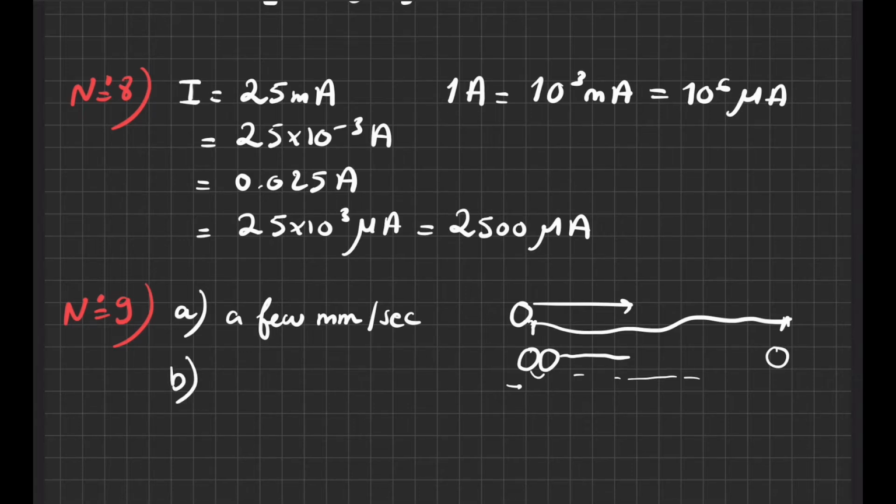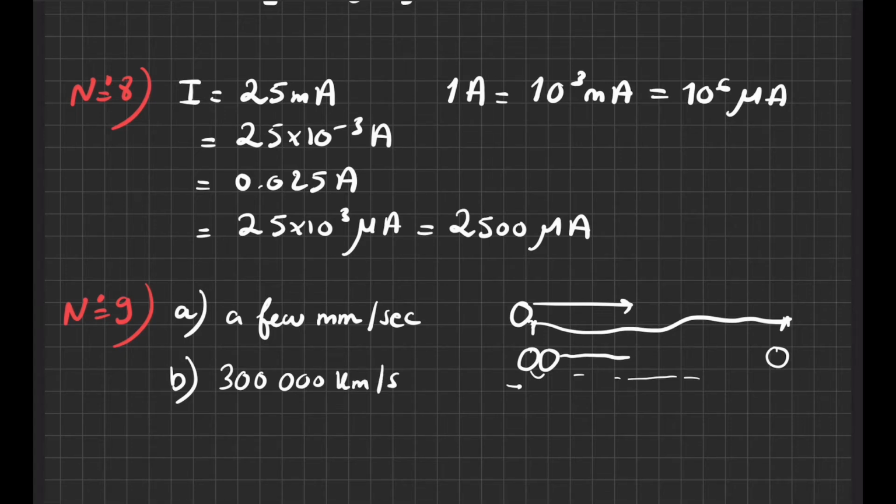Now part B. The speed of establishment of electric current is really high, it's in the order of 300,000 kilometers per second.